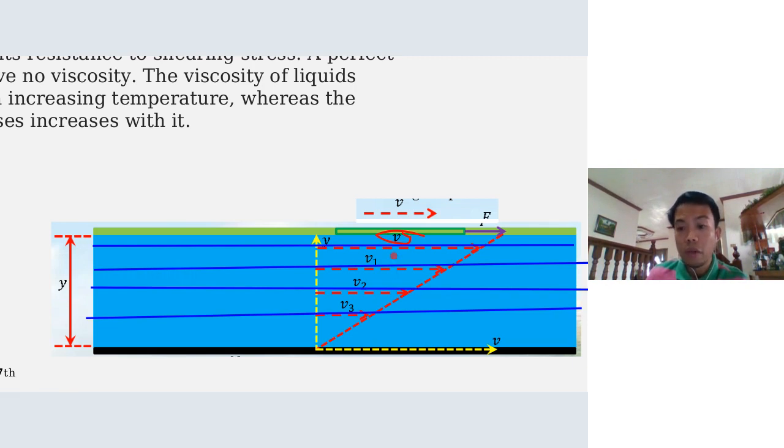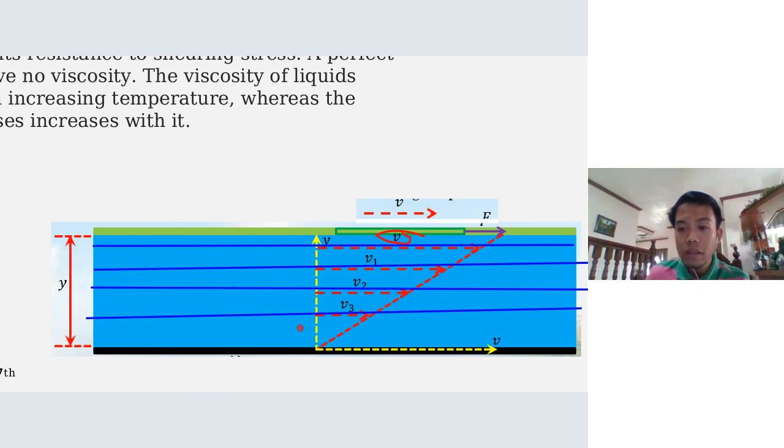Okay? We have 4 layers in this fluid. So, again, the velocity on this layer is different from this layer. It's different from this layer. And it's different from this layer. Okay?